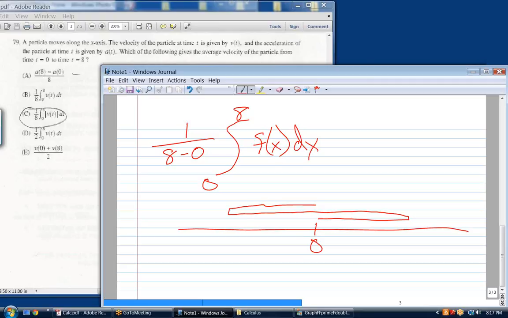So it's not the integral of the absolute value. It's the integral. If you look in the book under the average, it doesn't say absolute value for that.